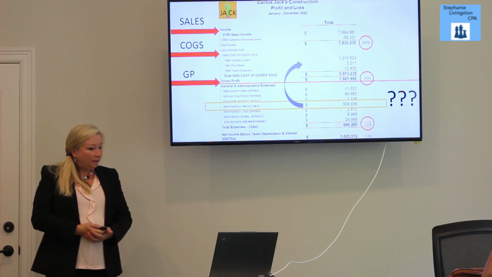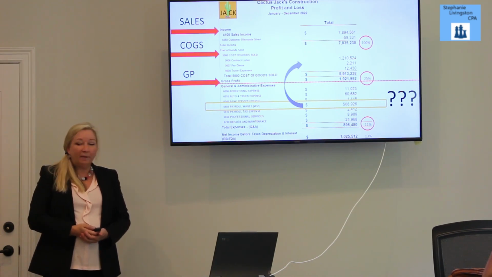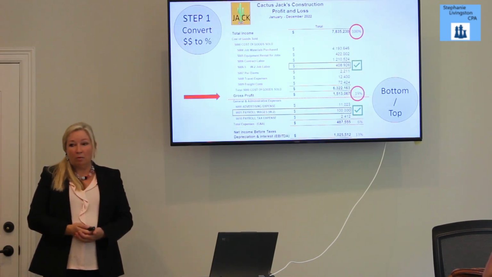All right, so I have made a correction on this, and I am moving this. I am moving what I think is my job labor out of my payroll, and now this is what we're left with.